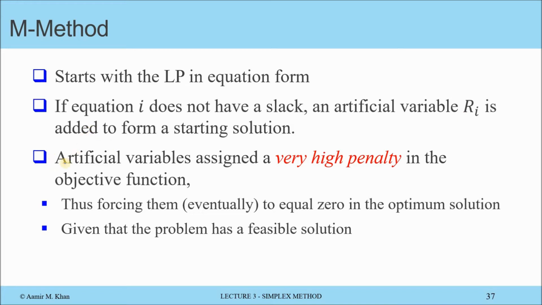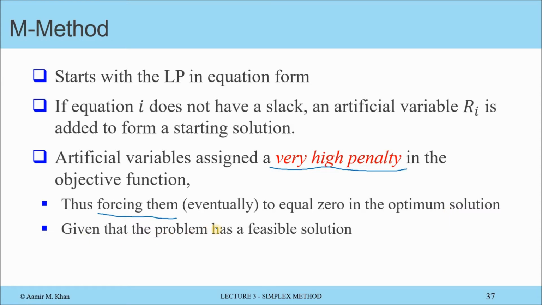So for that purpose, we assign these artificial variables a very high penalty, a very high coefficient in the objective function. When you add a coefficient to these artificial variables, this will, when you start calculations, force them to zero eventually, not in the first step maybe, but eventually they will become zero in the optimum solution.